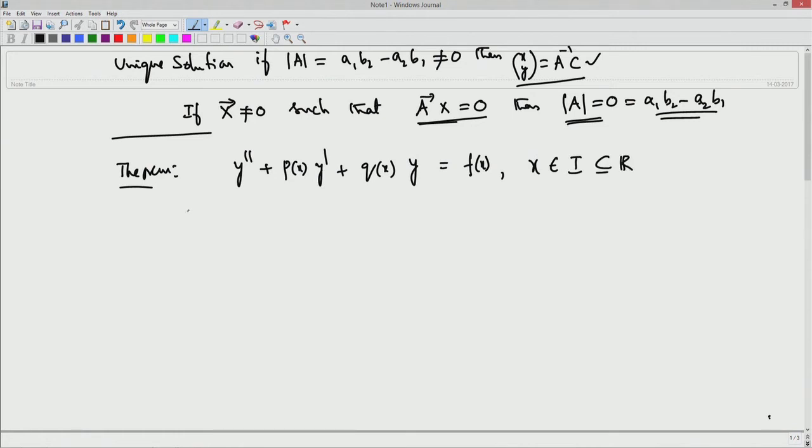Let this be the linear ODE with p(x), q(x) and f(x) continuous functions.